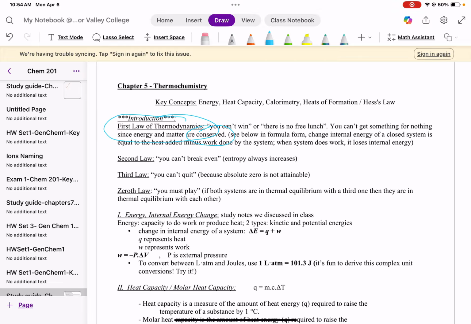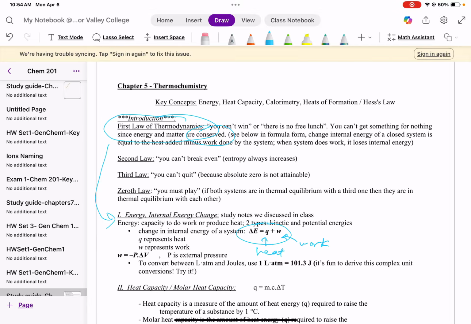If you translate that into a formula, the change in internal energy, delta E, will be equal to work and heat. They seem to go together. Every time you go out running and do some work, you feel the heat.